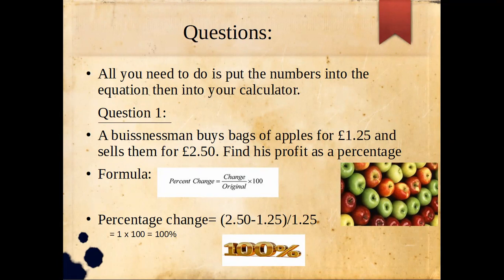Then we multiply it by 100 to give us the percentage, which is 100%. And 100% basically just means he's doubled what he had at the start. He had £1.25, bought some stuff and then sold it for £2.50. He doubled his money, so it's a 100% increase. It's positive as well.